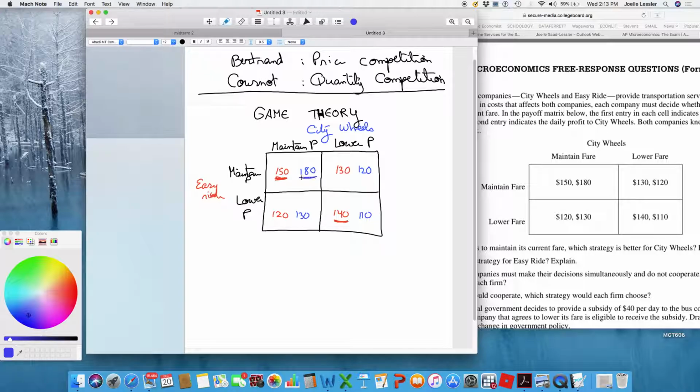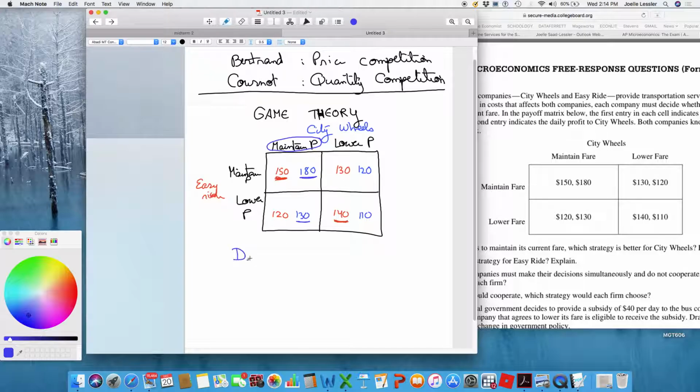So 180, maintaining the price, is their best response if Easy Ride maintains price. If Easy Ride lowers the price, what should they do? Should they maintain price and make 130 or lower price and make 110? 130 is more than 110, so they should maintain price. So you see for City Wheels, regardless of what Easy Ride does, maintaining price is their dominant strategy.